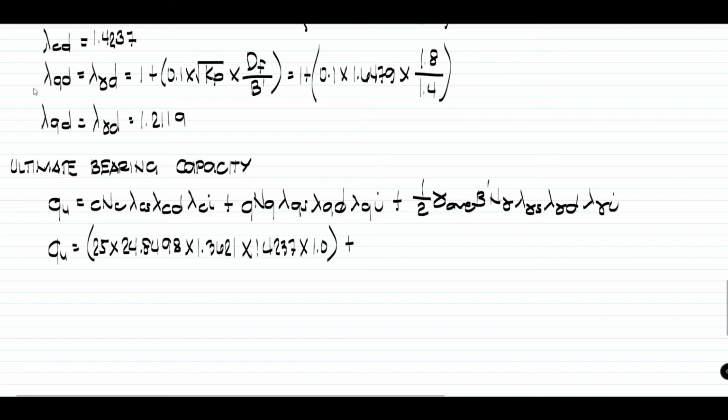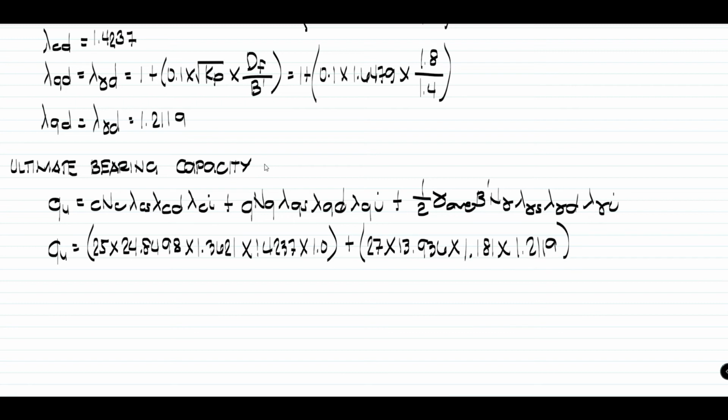So, plus our Q and Q is, our Q will be 27 times our NQ, which is 13.936 times lambda QS, which is 1.181 times our lambda QD, which is 1.2119.